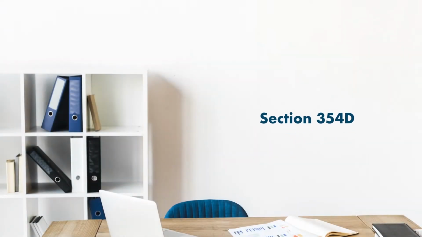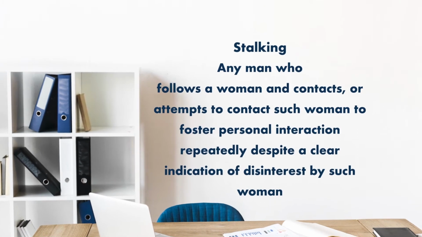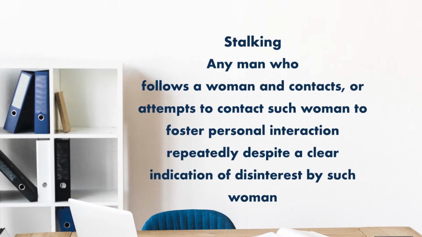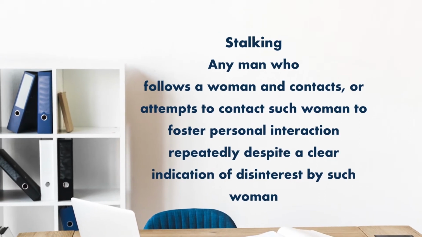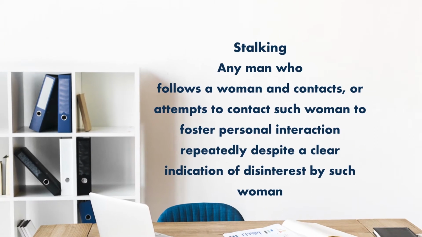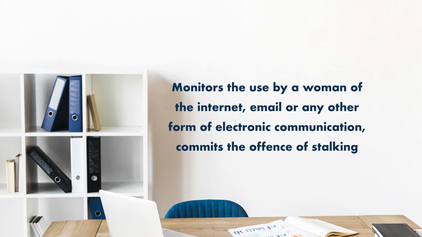Stalking is mentioned under section 354D. Any man who follows a woman and contacts or attempts to contact such woman to foster personal interaction repeatedly despite a clear indication of disinterest by such woman, and this always happens in cases of human trafficking, that you have been stalked by a person or by a pimp or by the agent or the middleman, or monitors the use by a woman of the internet, email, or any other form of electronic communication, commits the offense of stalking.